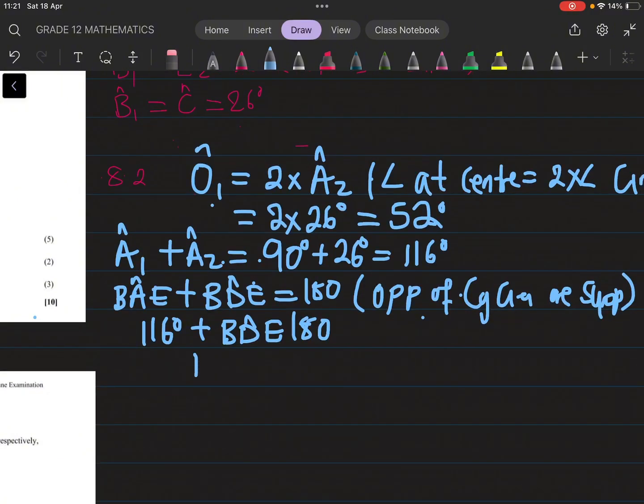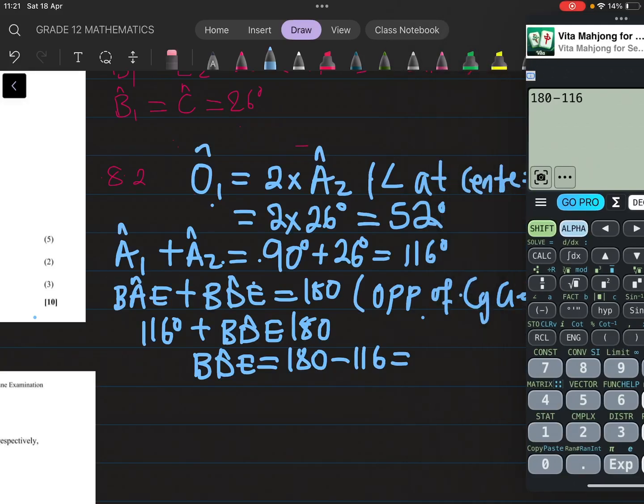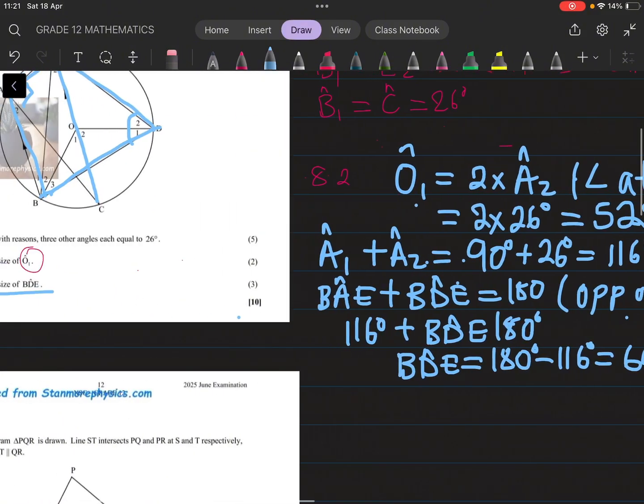Okay, then you'll see that your angle BDE will be equal to 180 minus 116. That will give us 64 degrees. So that is our angle BDE.